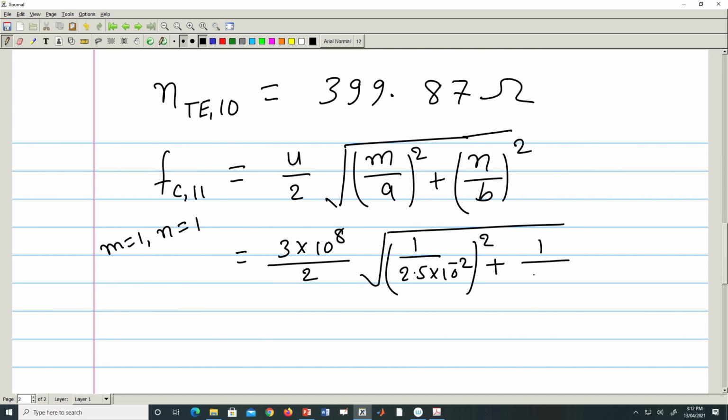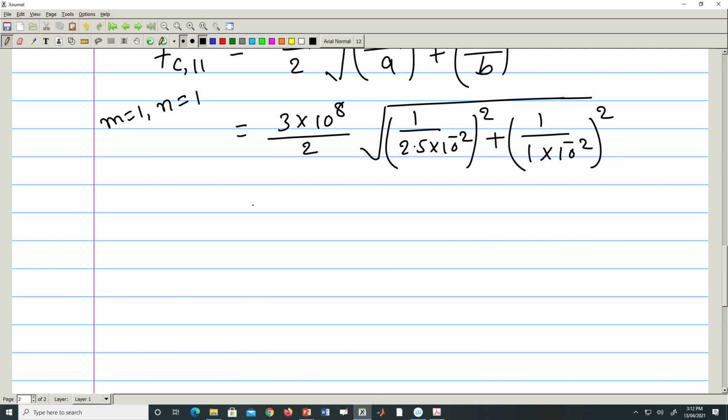So, from this we will get the cutoff frequency for the TM11 mode. After calculation it will come 16.16 gigahertz. So, this is the cutoff frequency for the TM11 mode. From this we will get the wave impedance easily.